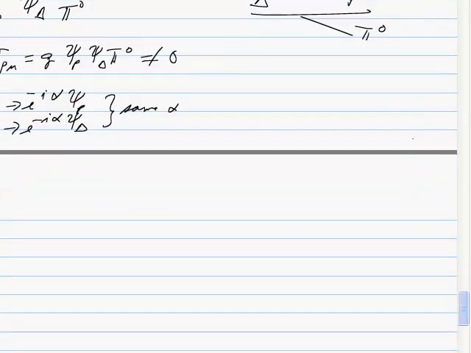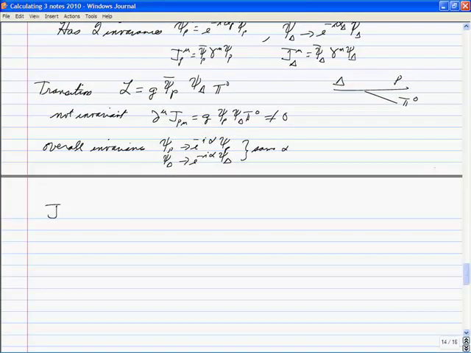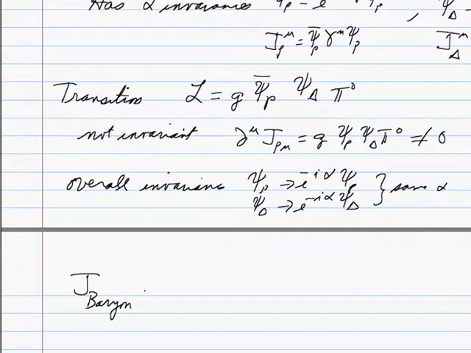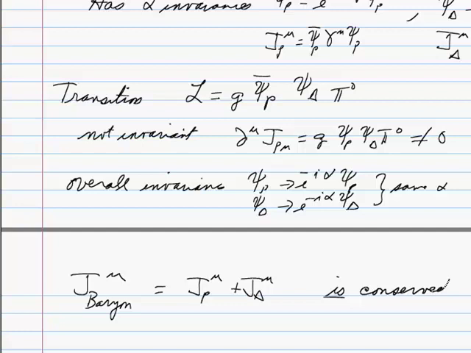Then the conserved current, J baryon, let's call it, is J proton plus J delta is conserved. So separately, our conservations have been broken, but there is still a conserved quantum number.